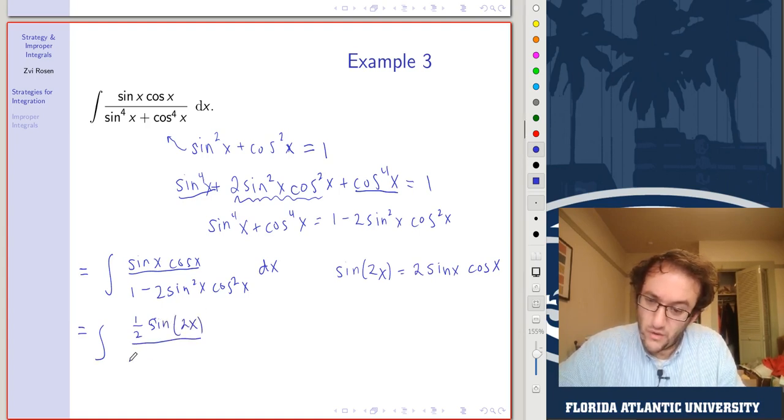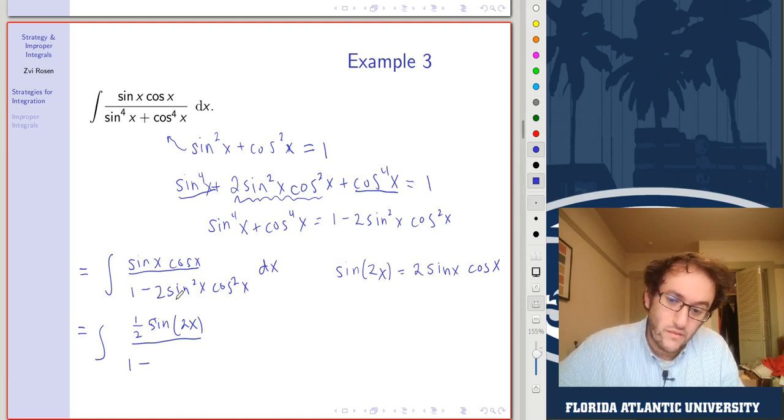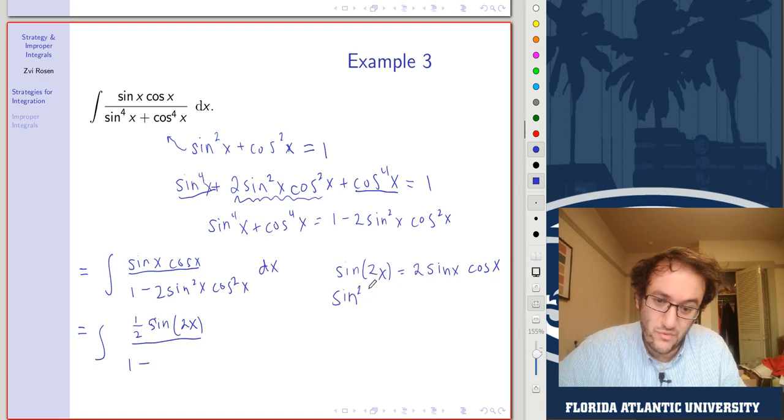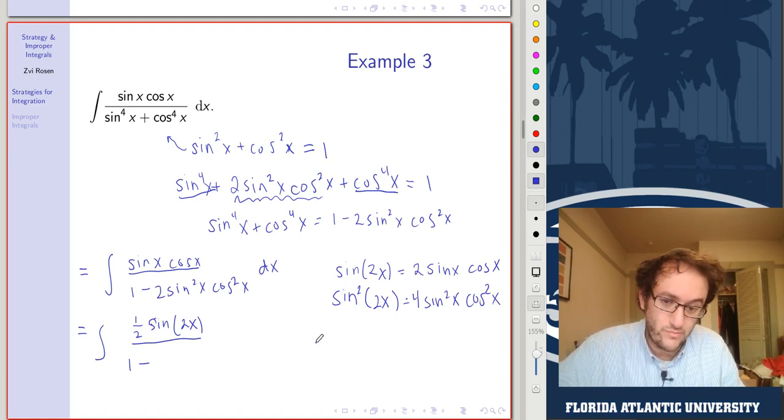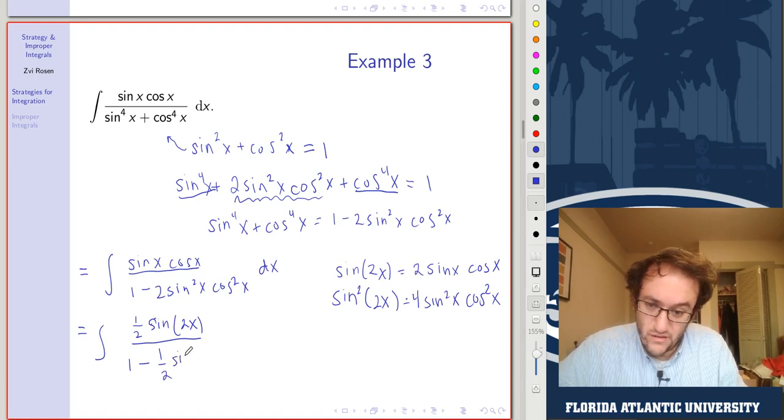And in the bottom we get 1 minus, well, if we were to square both sides of this equation, we get sine squared of 2x equals 4 sine squared x cosine squared x. And so if we want 2, we'll just multiply that by half. We have 1 minus a half of sine squared 2x.